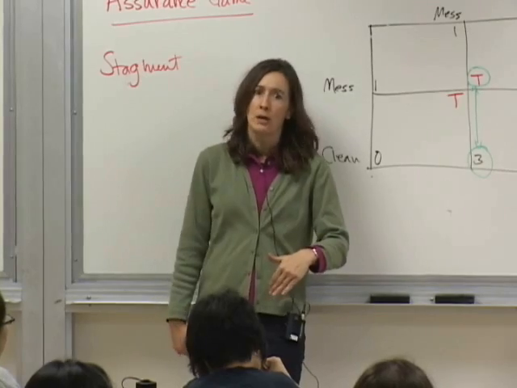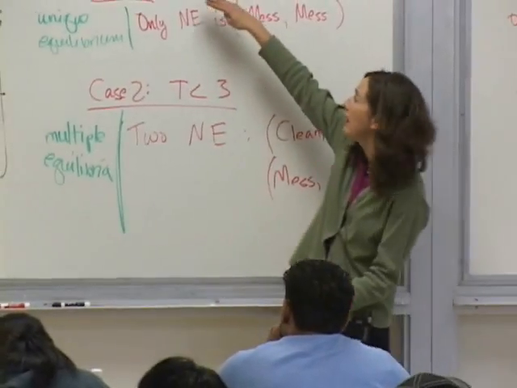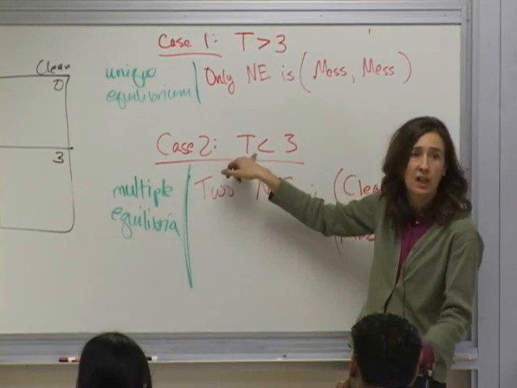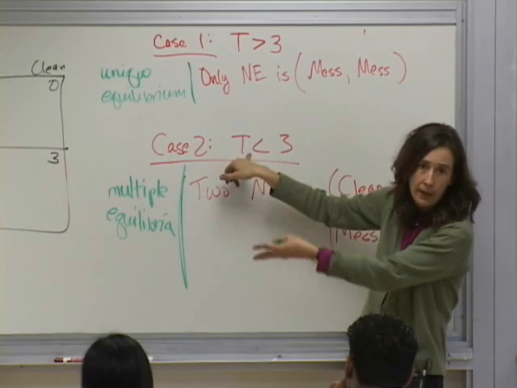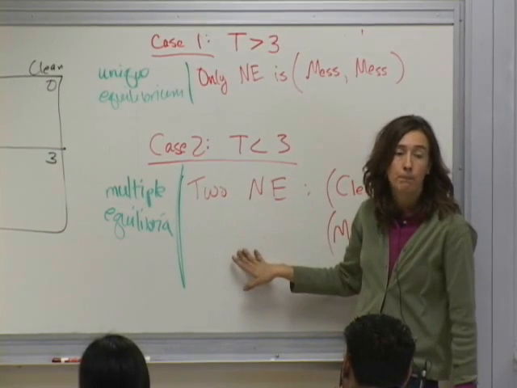Here we have something weirder happening. Yes, what happens depends on the values of the variable, but even for a very specific value of the variable, the value 2, for example, there's more than one equilibrium.